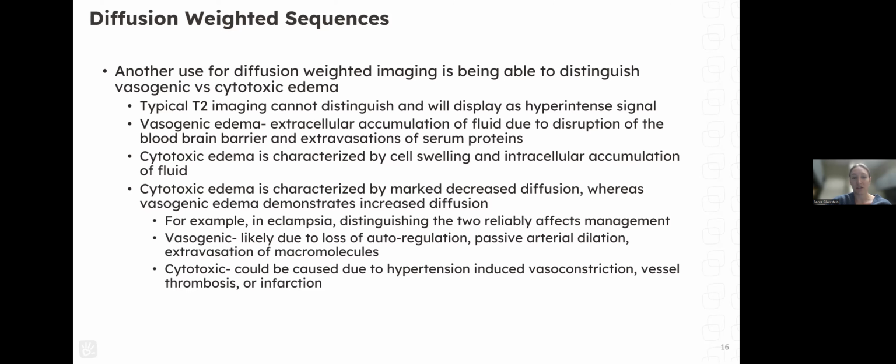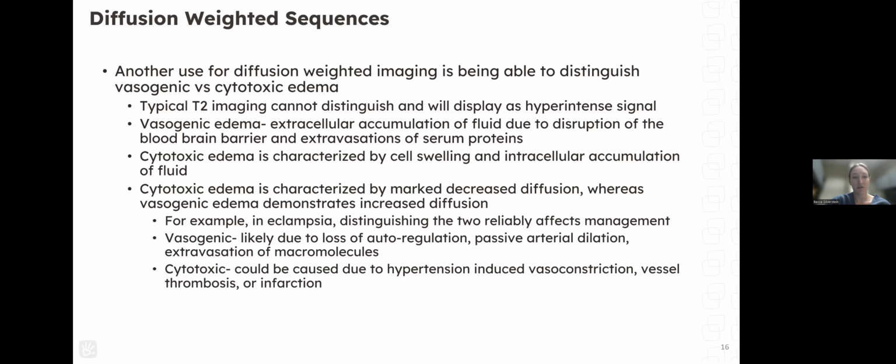Vasogenic edema, as a definition, is extracellular accumulation of fluid, usually due to disruption of the blood-brain barrier and extravasation of serum proteins. Think, for example, in the setting of PRES or high blood pressure. Versus cytotoxic edema, which is characterized by cell swelling and intracellular accumulation of fluid, in the setting of ischemia.